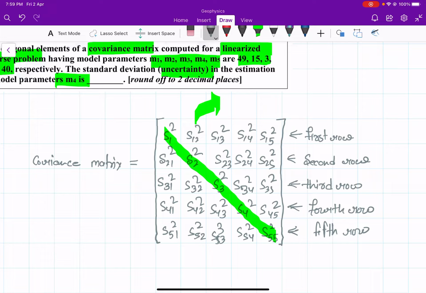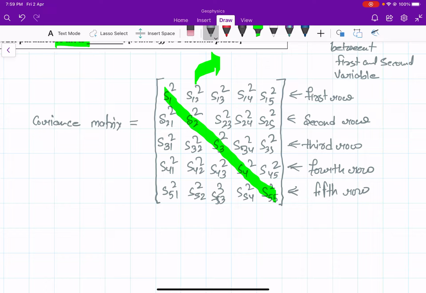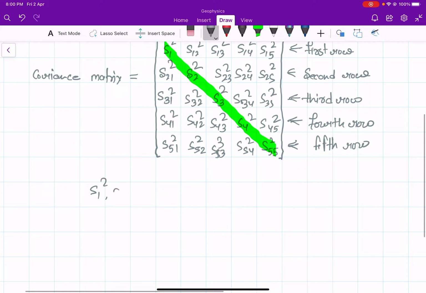So this is clear: s12 will be the covariance between the first and second variable, and s1, s2 and s3 are the standard deviations, so s1 square, s2 square, s3 square will be the variances.